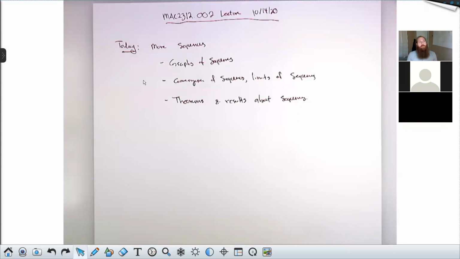So if the domain of your function is just the whole numbers, then when you squeeze the graph down, you should just be hitting the whole numbers, which means that the graph can't possibly be a curve. It can't possibly be continuous in any way. It has to be just a collection of discrete points. And indeed, that's what the graphs of sequences look like.